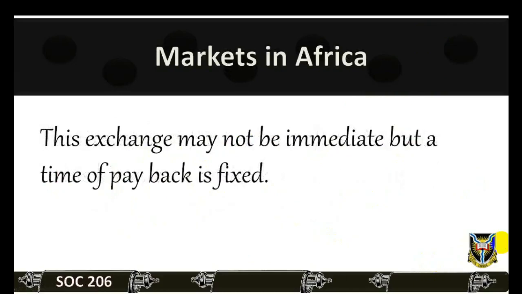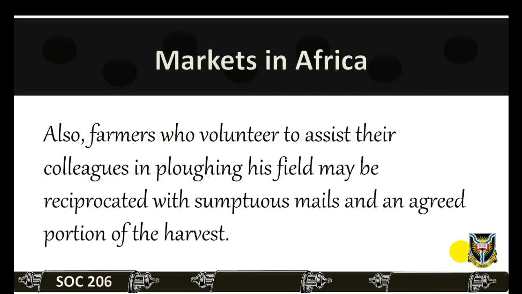This exchange may not be immediate, but a payback is fixed. Also, farmers who volunteer to assist their colleague in ploughing their field may be reciprocated with a sumptuous meal and an agreed portion of the harvest.